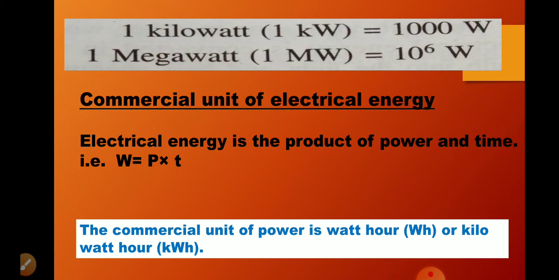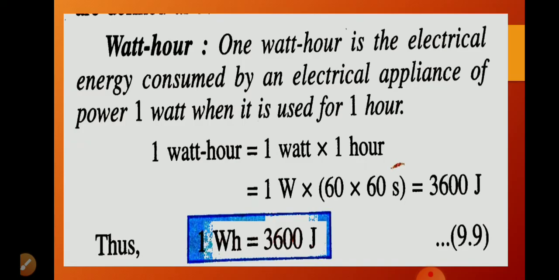How can we define watt hour? 1 watt hour is the electrical energy consumed by an appliance of power 1 watt when it is used for 1 hour.